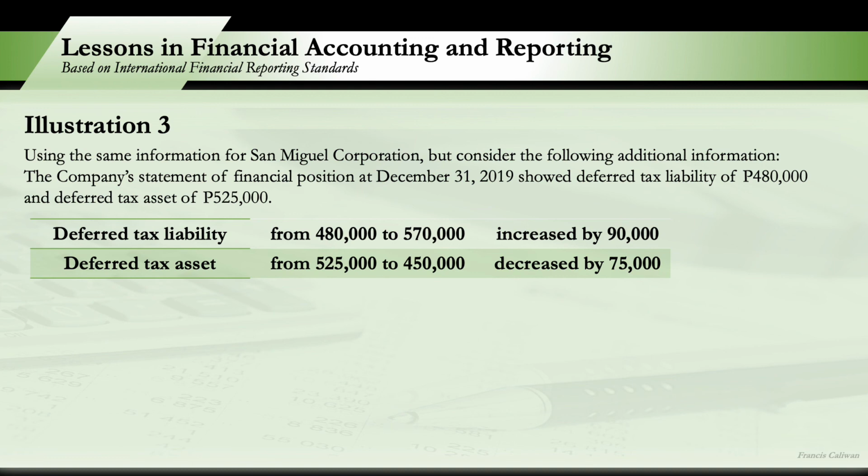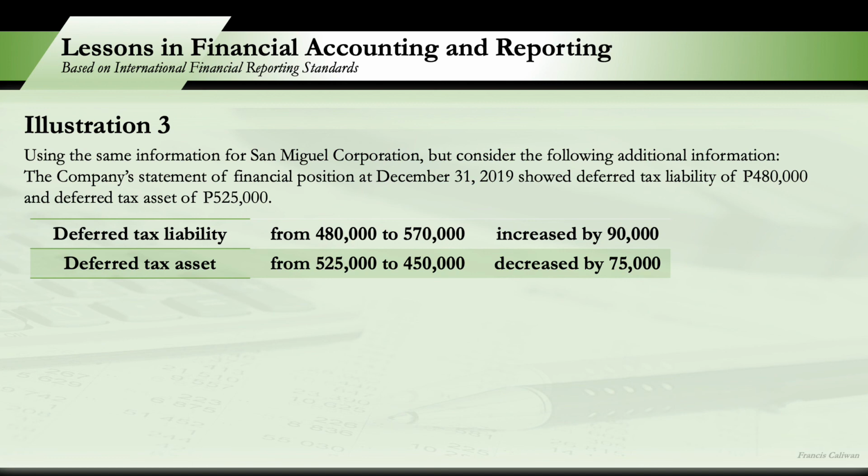The company's statement of financial position at December 31, 2019, for the previous year, showed deferred tax liability of 480,000 and deferred tax asset of 525,000. So for our deferred tax liability, our beginning balance is 480,000 but our ending balance based on our computations for the year 2020 is 570,000.